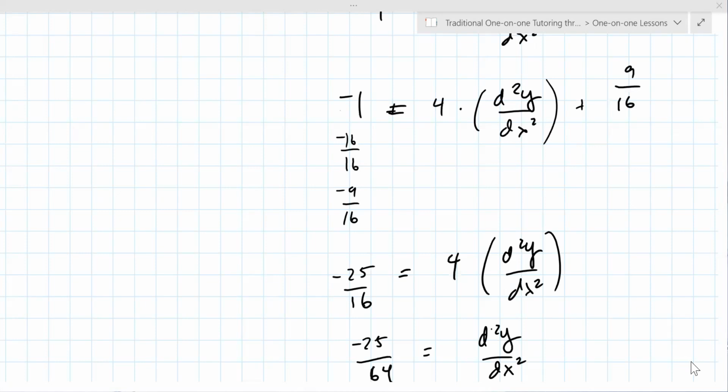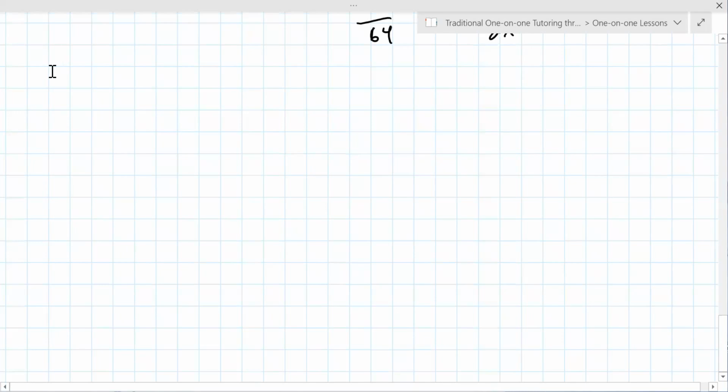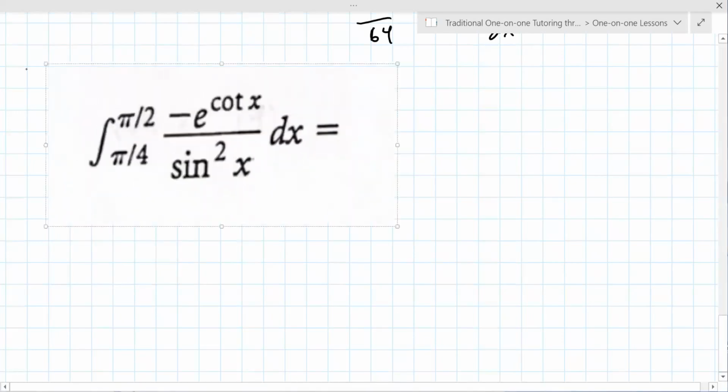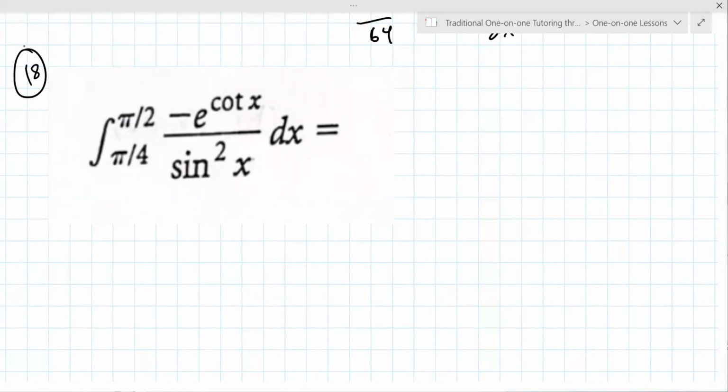All right, to number 18. All right, number 18. Okay, so you have to do an antiderivative, right? Yes. This is a U substitution though, because there's no known antiderivative.